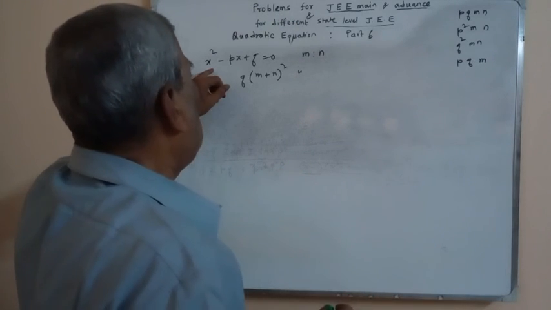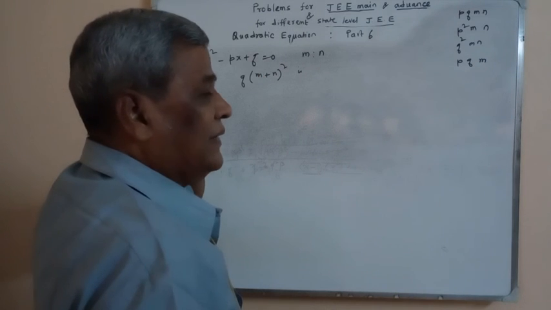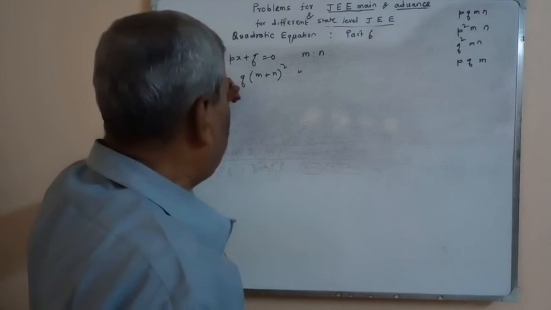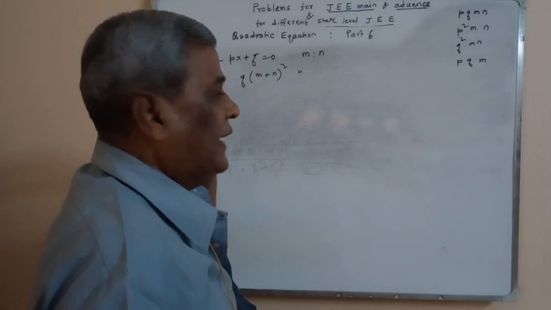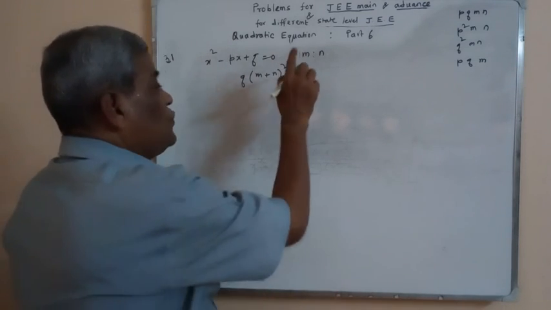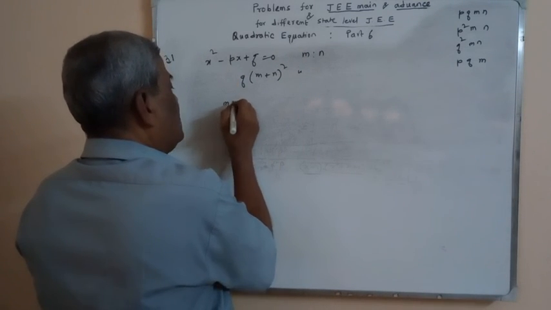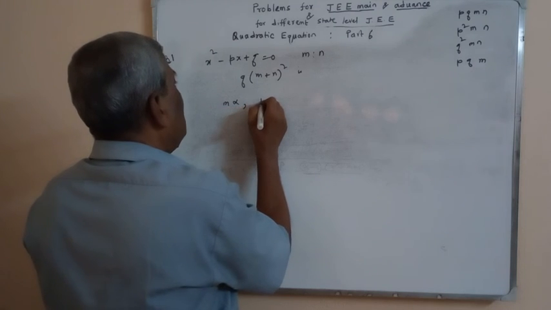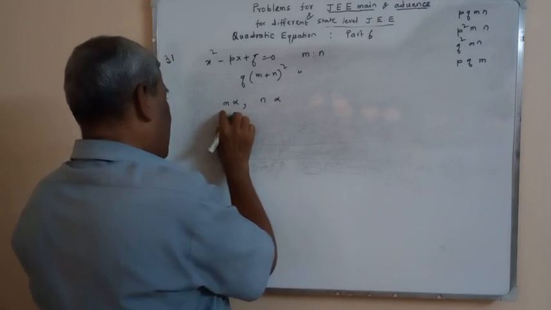Once again, a quadratic equation is given, and the ratio of its roots is m is to n. That is, if one root is m alpha, the other is n alpha.